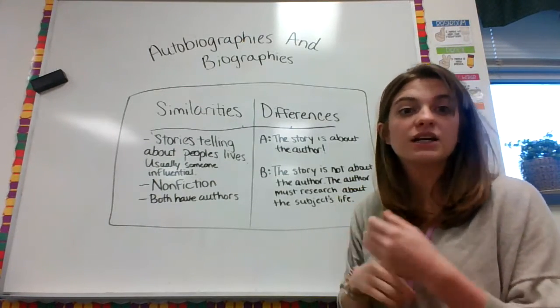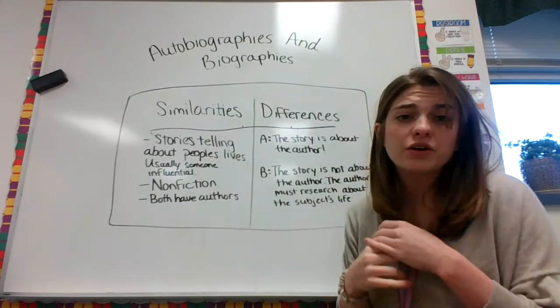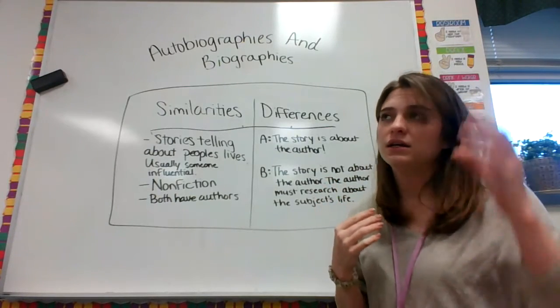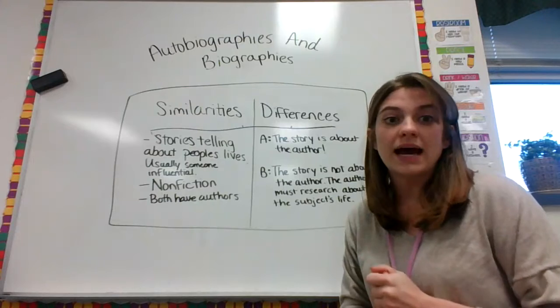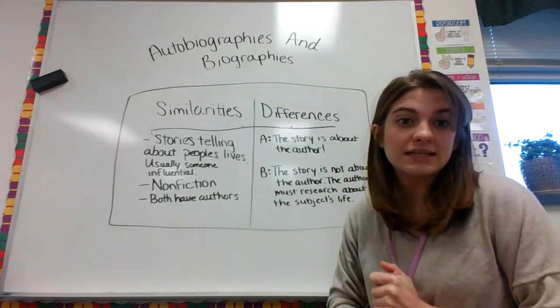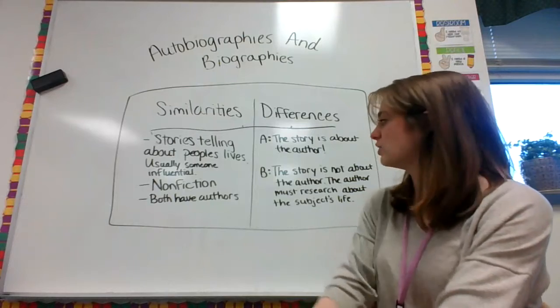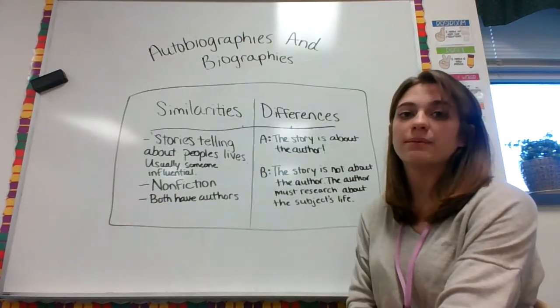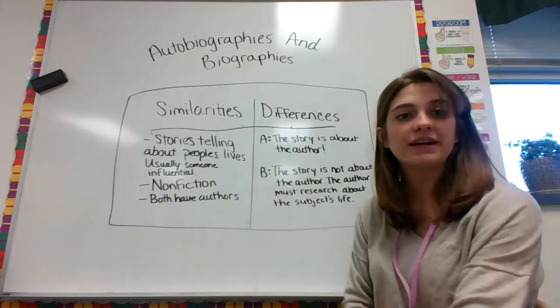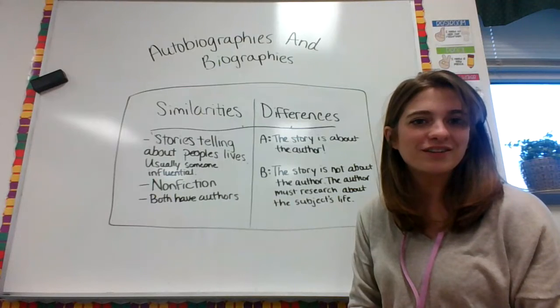So they might conduct interviews, they might read other biographies, they might look up important stats and figures about what that person did during their life. And so they're going to have to do some research into that person's life, whereas in an autobiography, well, you already know all the things about yourself.